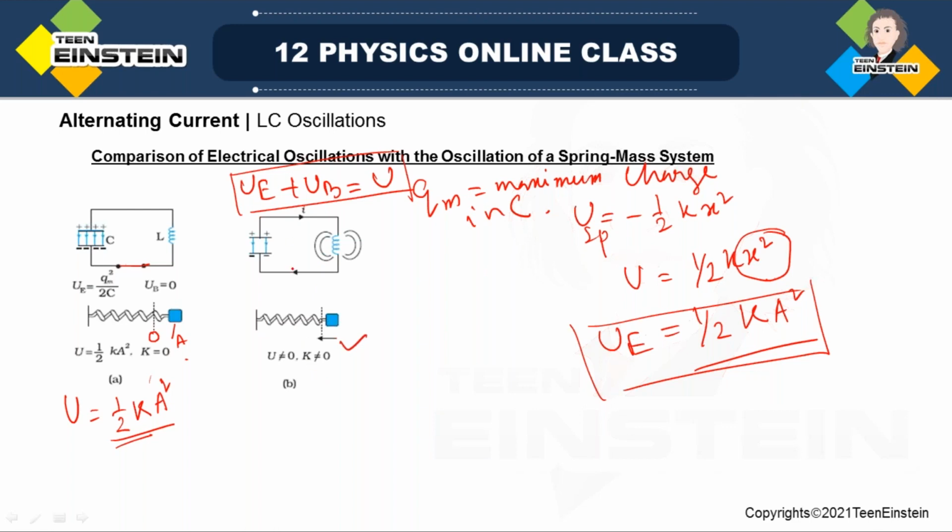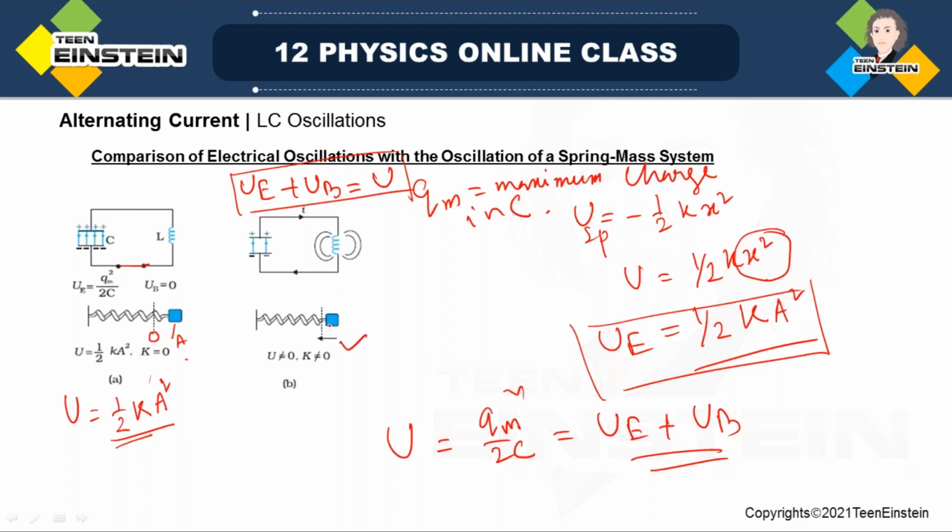At any situation when the current is flowing in the circuit, there will be magnetic energy as well as electric energy, and the sum of those two will be equal to Qm square by 2C, which was there in the beginning. This is the sum of these two energies at any instant of time after the circuit is closed.